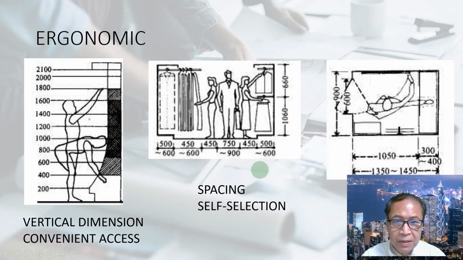And this is space for self-selection. And walking uses the aisle, the space for the aisle and self-selection. This is the easy working dimension. And this is the fitting room dimension, for efficient customer fitting of their garment.